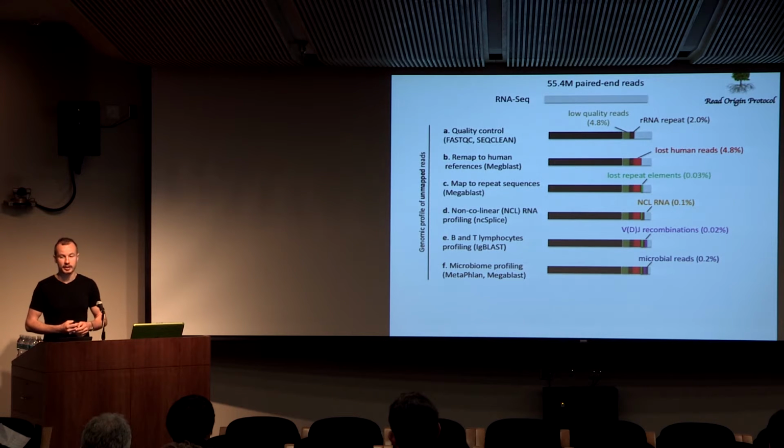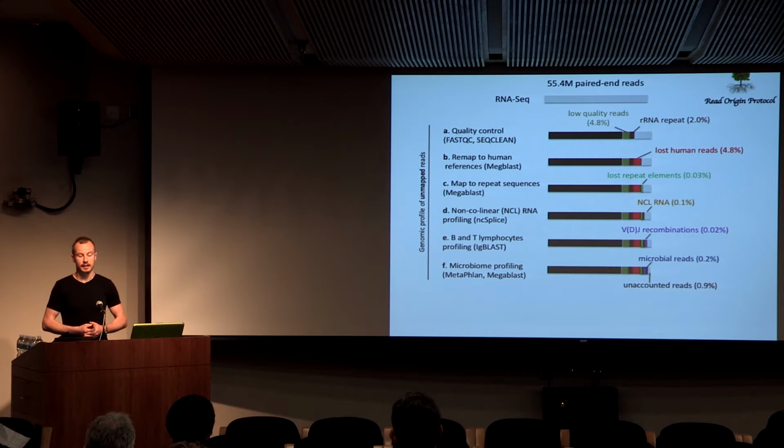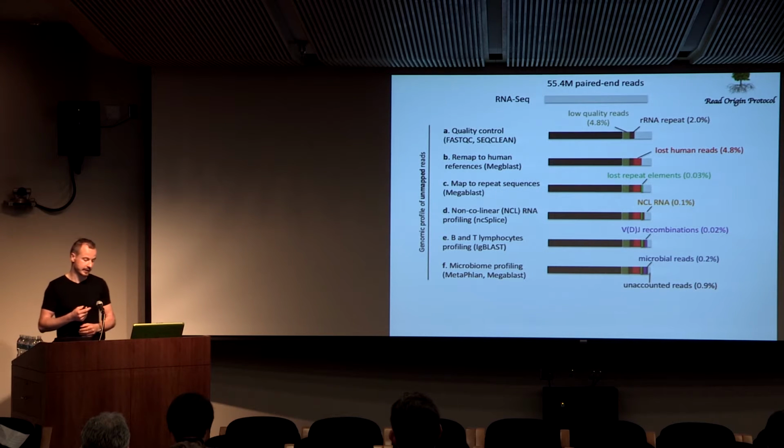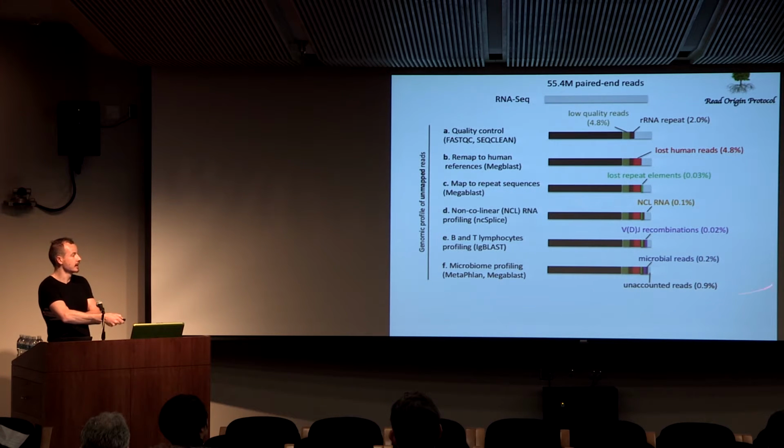Often there is an insufficient number to reconstruct the taxonomy of the bacteria or detect particular viruses in your sample. Given that, we are able to account for 99% of your data, with 1% being unaccounted.